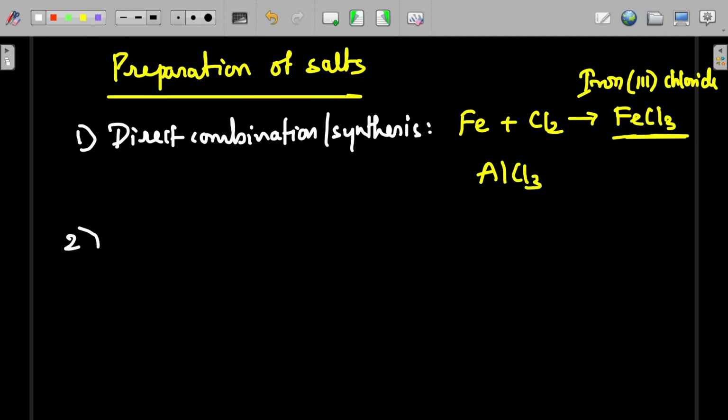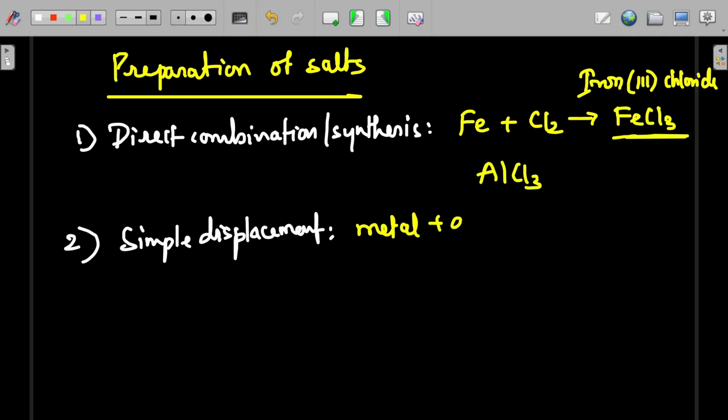Second one, these are all not new for you, but you should know how to use them. Simple displacement reactions, where you take any active metal plus acid. So sir, how to know this? Say for example, they will ask you FeCl2.